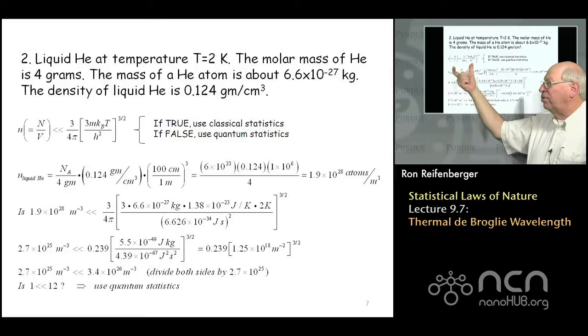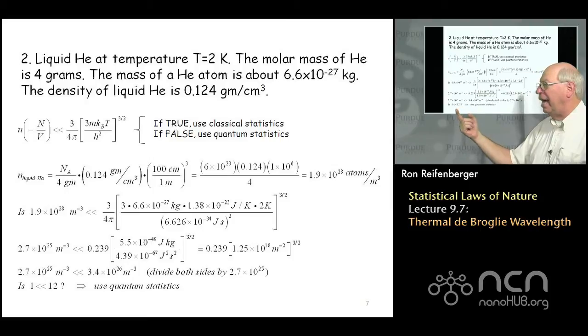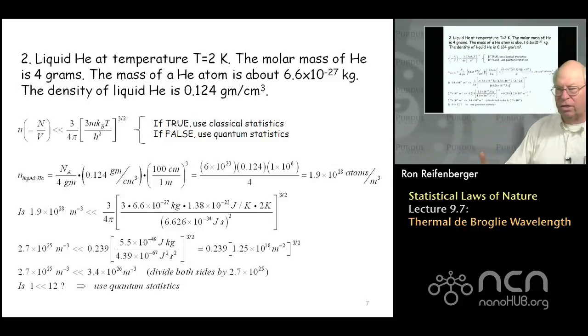And I just want to run through the calculation again to see whether I have to use classical statistics or quantum statistics to describe this case of liquid helium at 2 Kelvin. You can check my numbers, you can run through the calculation, but at the end of the day, I get this condition that 1 must be much, much less than 12, and that's probably not true, because much, much less typically means a factor of 100 or so.